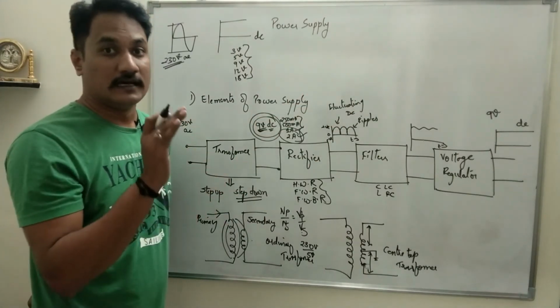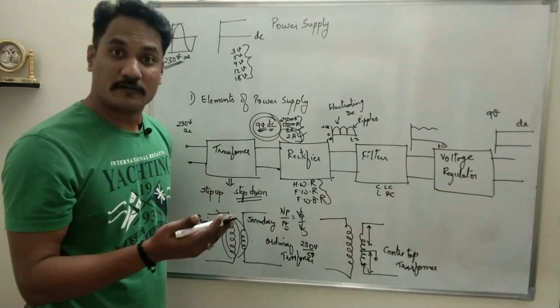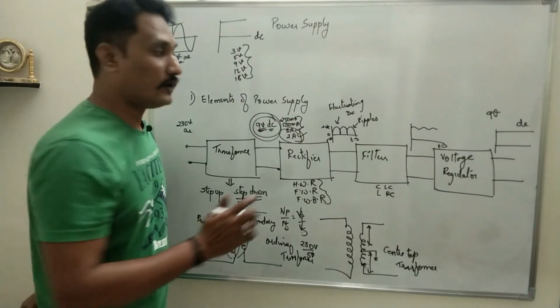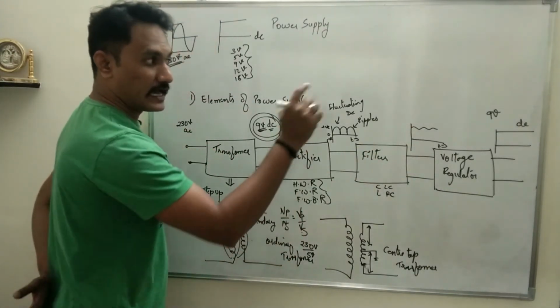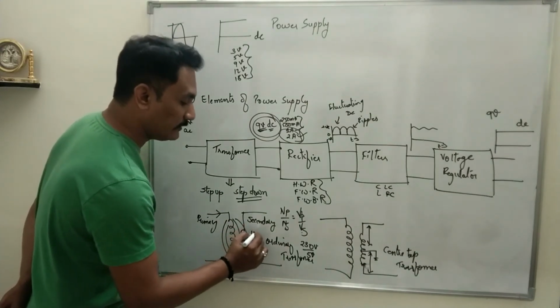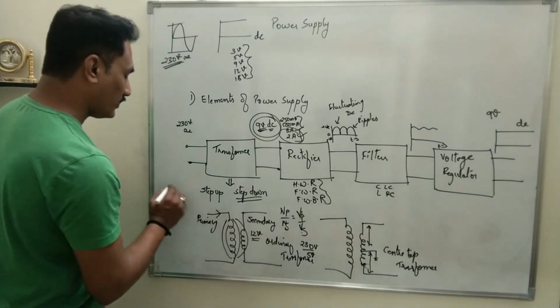Understood? The transformer's secondary voltage, that means the selection of the transformer depends upon the requirement at the output. So if 9 volt is the output requirement, what you have to do is the secondary should be 12 volt.